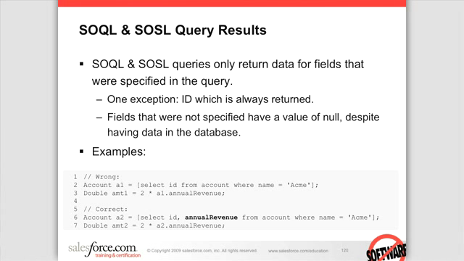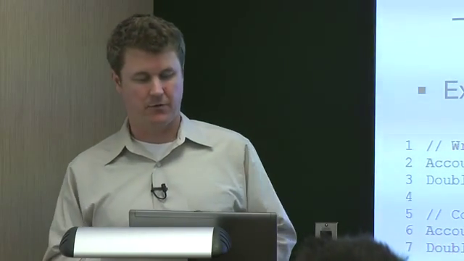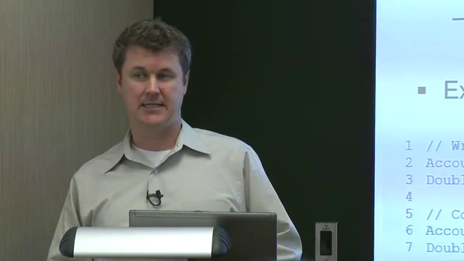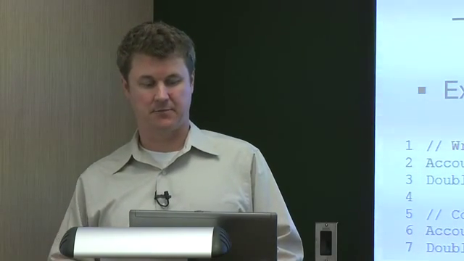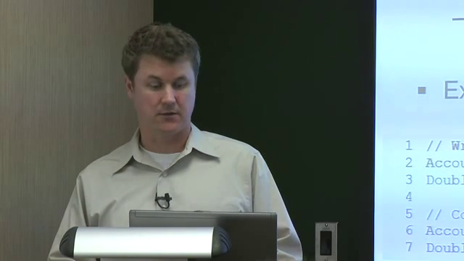Okay. You only get that which you select. So important thing to understand, you only get that which you select. So in the first example here, what we've done is we've only selected the ID. In fact, the ID is implicitly selected as a part of every SOQL query that we execute.